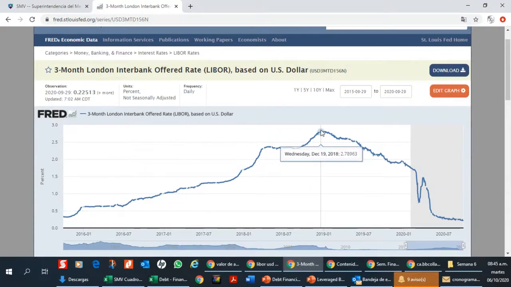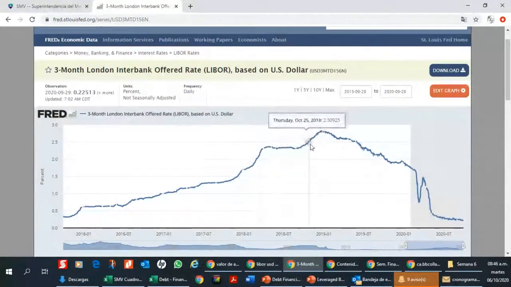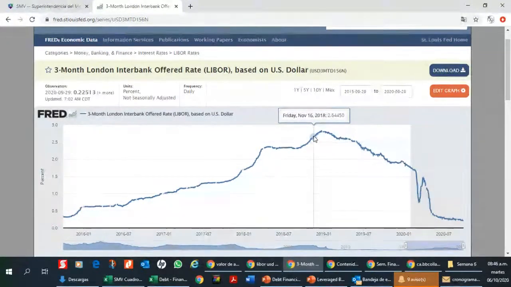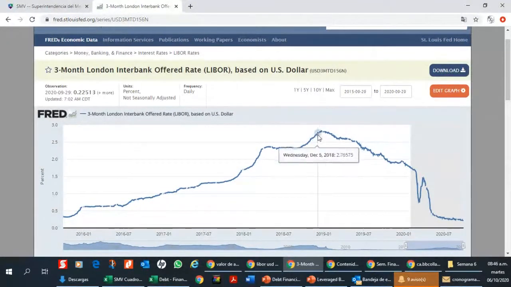This was the period after the downturn that the global economy had in 2012 to 2015. They recovered it with increases in interest rate, and it jumped to 2.8. Then it started decreasing given the current economic conditions that were happening in Europe, China, and also the United States.